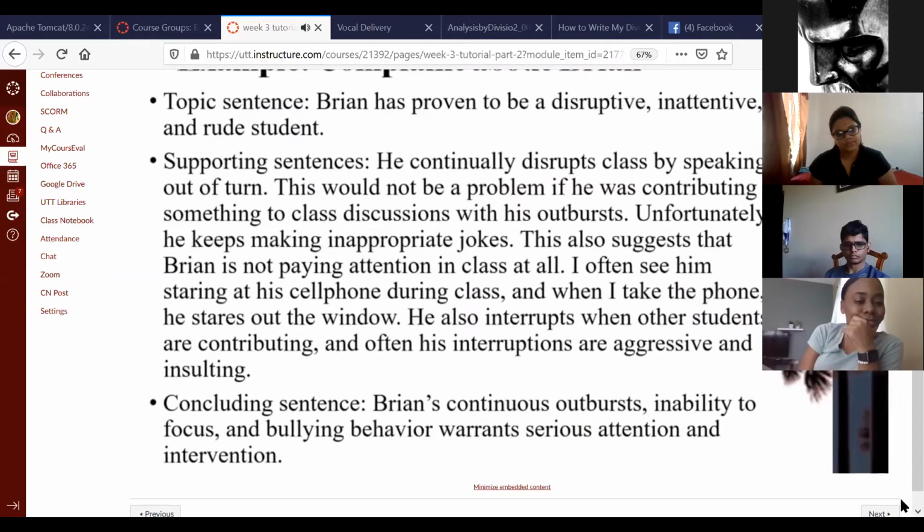Here's an example of a paragraph where I've separated the topic sentence, supporting sentences, and the concluding sentence. Take a minute to read.